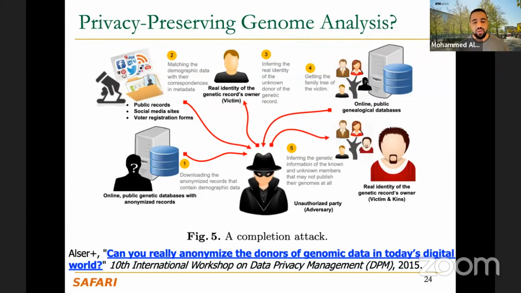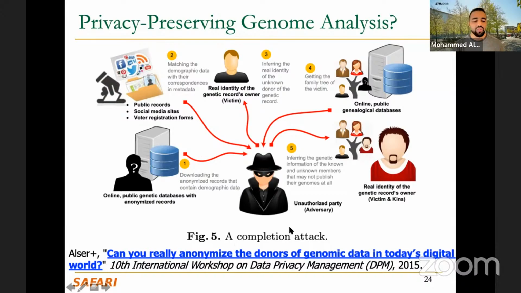And then I can do some correlation between publicly available data online and open source databases where I can get the full DNA, or I can get SNPs of your DNA. For example, in OpenSNP, I can know that at this location, there is a high probability that people in this population have C in that location. Then I can correlate all this information together to identify you, and then identify the family tree.